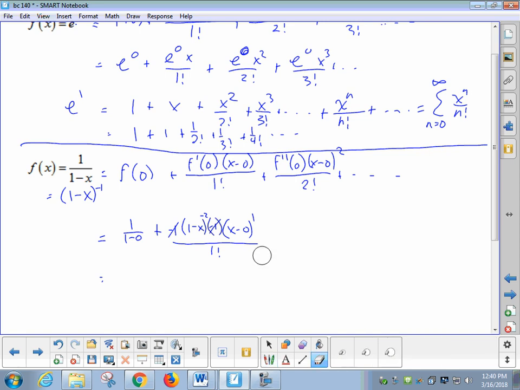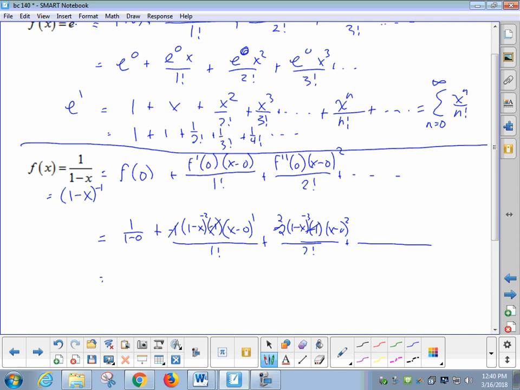What about the second derivative? Negative 2, 1 minus x to the negative 3 times another chain rule negative 1, times x minus 0 squared over 2 factorial. This then amounts to positive 2. You follow? Okay. Still not there yet.